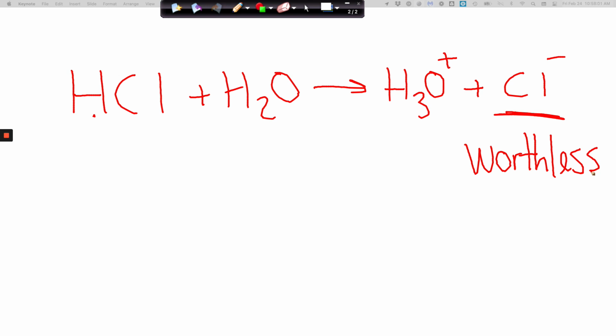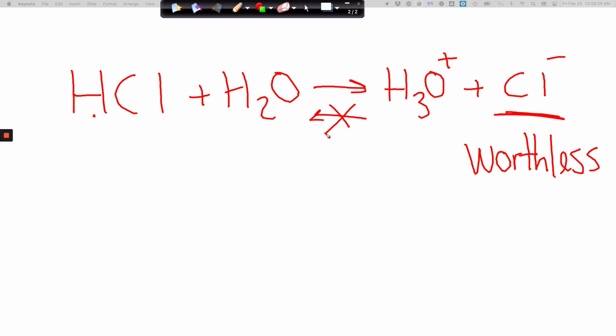Chloride has no stinking ability whatsoever to take protons back in. It's busted. It's done. And because chloride is a worthless base, this reaction does not go in the other direction, and consequently, the HCl fully breaks apart and never goes back.